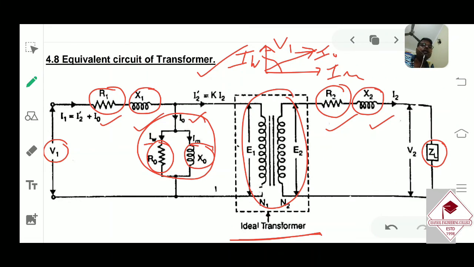So this I naught has two components, one is the working component, another is the magnetizing component, and the magnetizing component is 90 degrees lagging behind the working component. This is the idea of why we are showing this one. Clear? Now let us proceed.